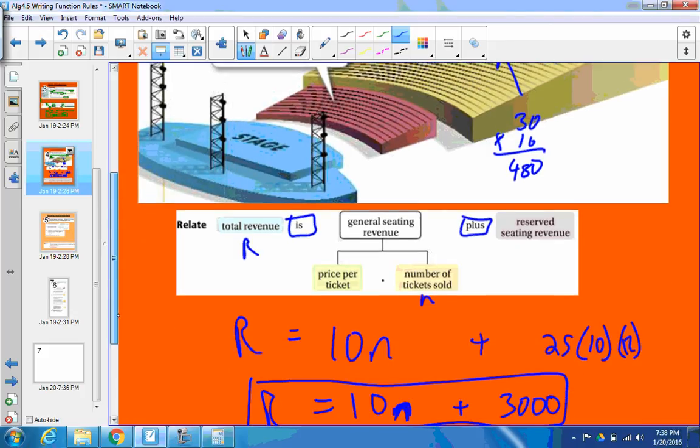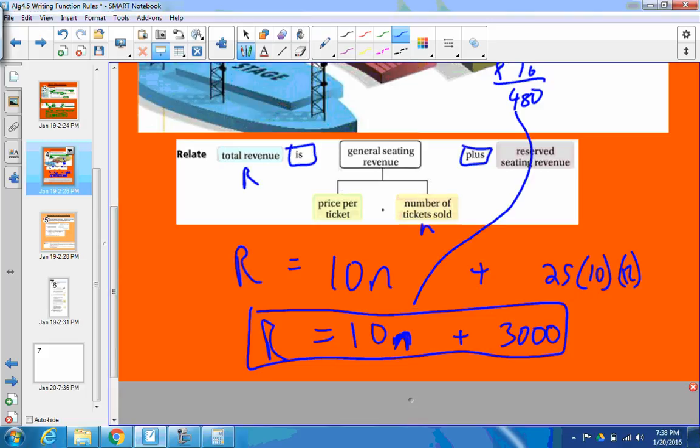So if we were to plug that in for our N, and I'll do that in a different color, we'd have R equals 10 times 480 plus $3,000. So 10 times 480 is 4,800, plus 3,000. So the revenue could be $7,800. That would be our total possible revenue if it was a full house.